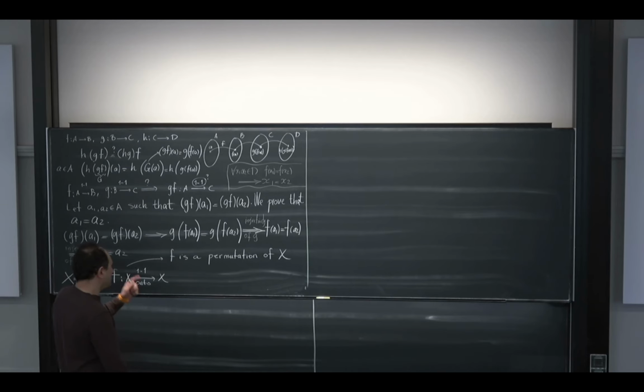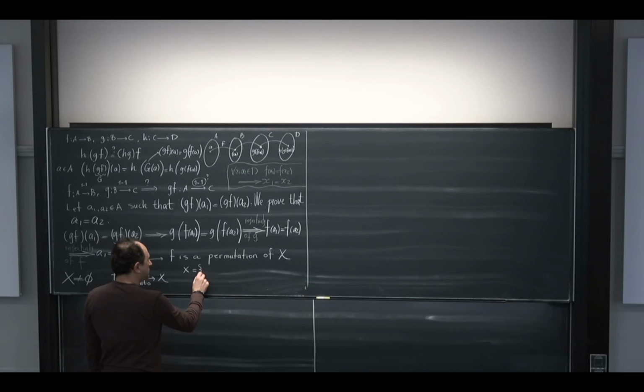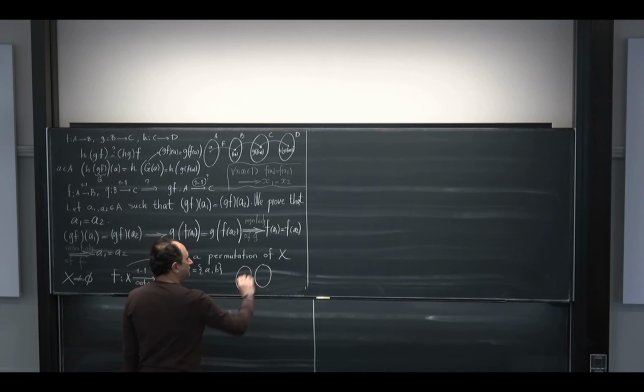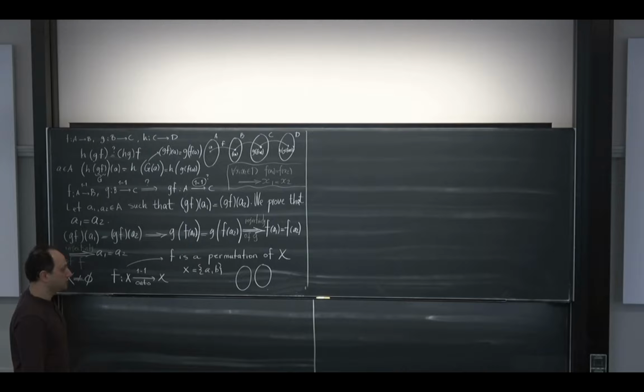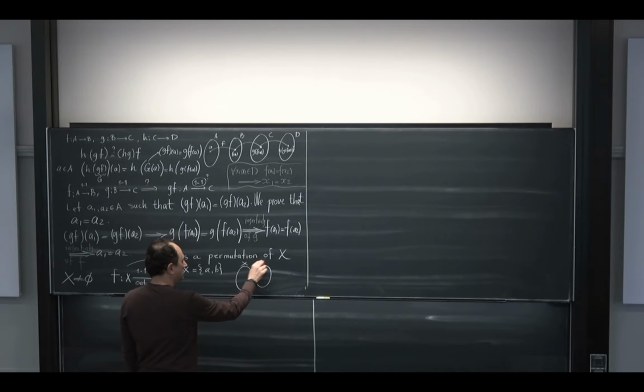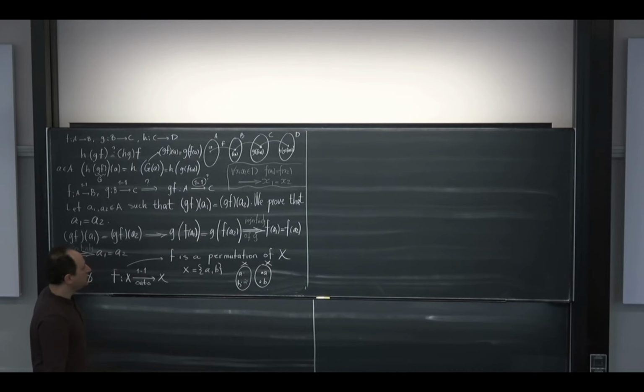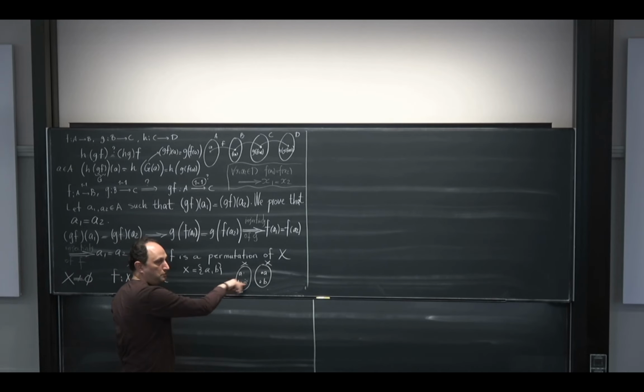For example, let us say that X is just equal to, let me make it simple, {A, B}. And I ask you to draw a diagram of a bijective function from X to X. So here I have A, here I have B, and here I have A, here I have B. One of these permutations is just assign A to A, B to B, which is what is called, do you remember?